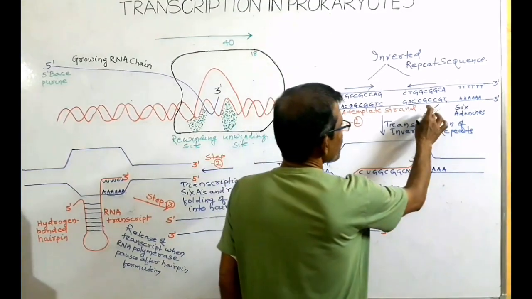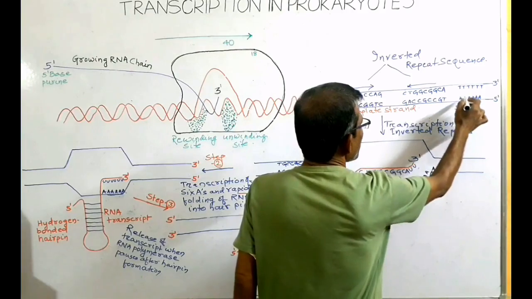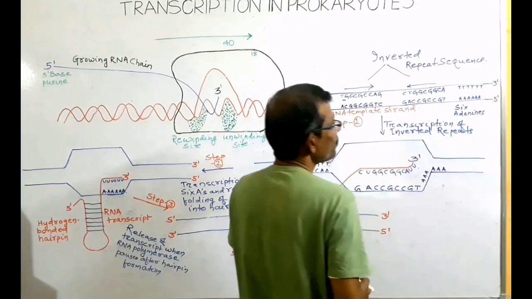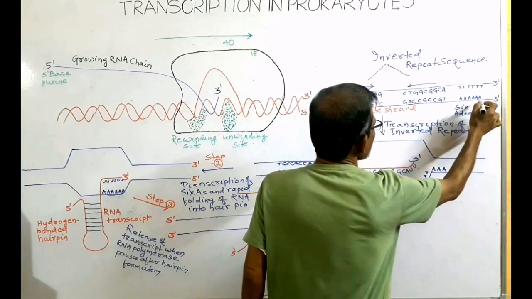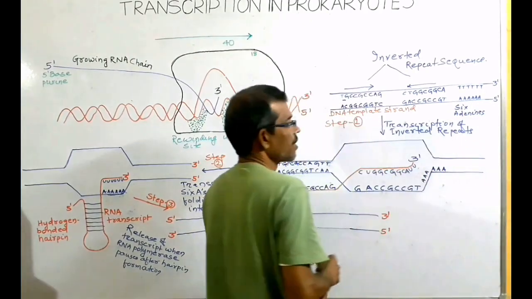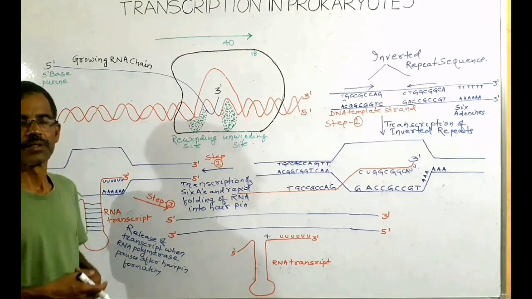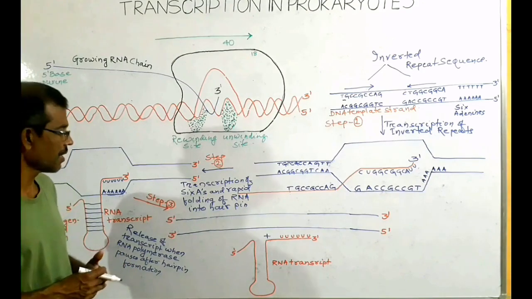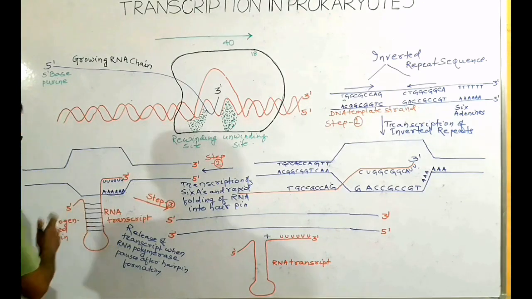After the inverted repeat, there are 6 or more adenine-thymine base pairs in which the adenine residues are present on the template strand. After transcription of the inverted repeats, due to base complementarity, a hairpin-like structure is formed.